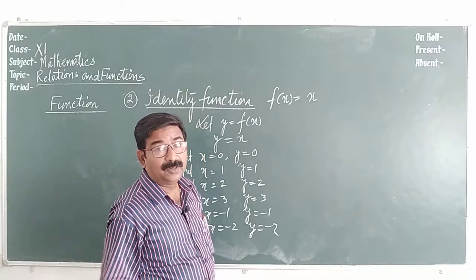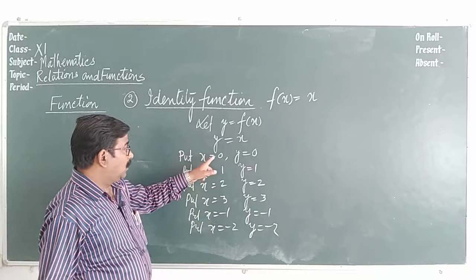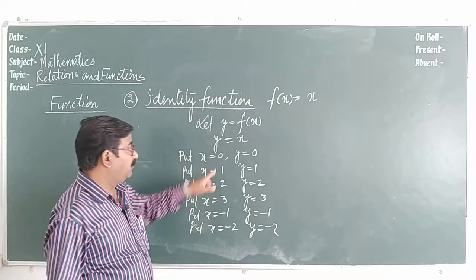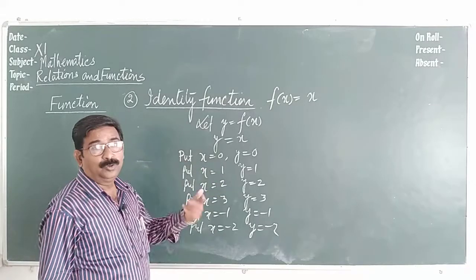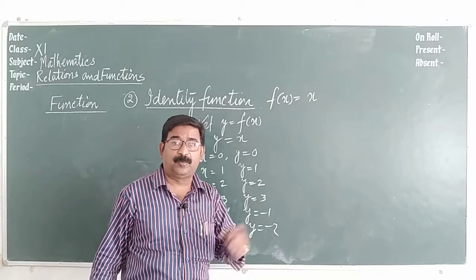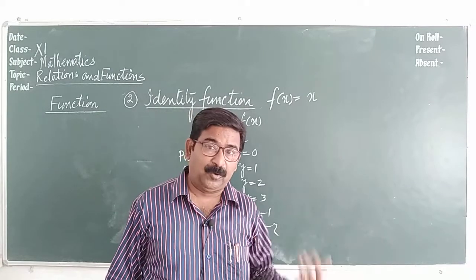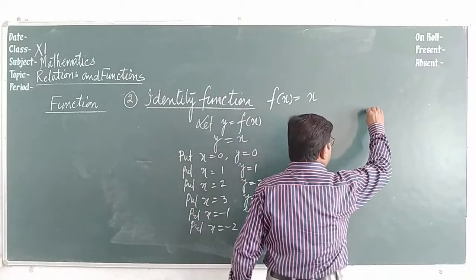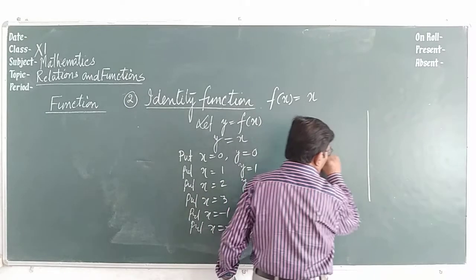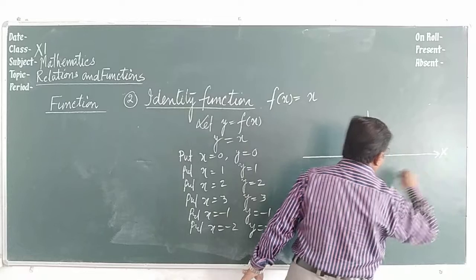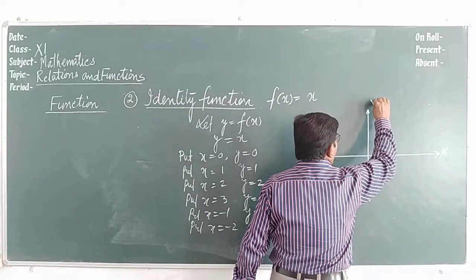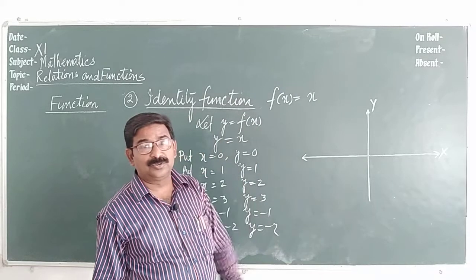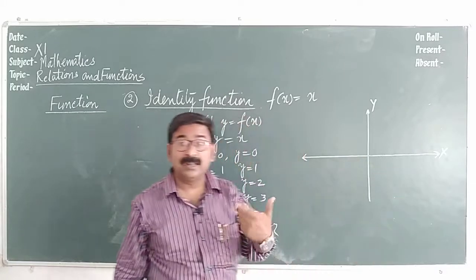Now let's plot the graph. Let us discuss what possible values we can take of x. We can take 0, 1, 2, 3, minus 1, minus 2, minus 3, 0.5, 0.7, 0.8, minus 0.5, 3 upon 2, whatever you want on the number line. This line, the x-axis, is also called the real line, which means all those numbers which are obtained on the x-axis are real numbers.